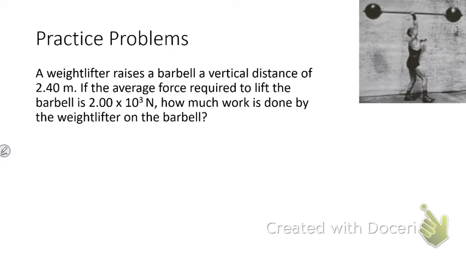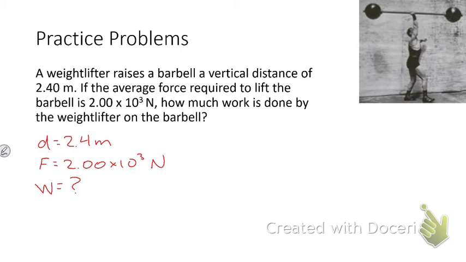We know the barbell is being lifted a distance of 2.4 meters, so D is equal to 2.4 meters. If the average force required to lift the barbell is 2.00 times 10 to the 3 newtons, we are asked, what is the work done?